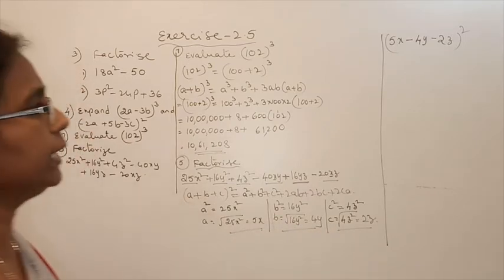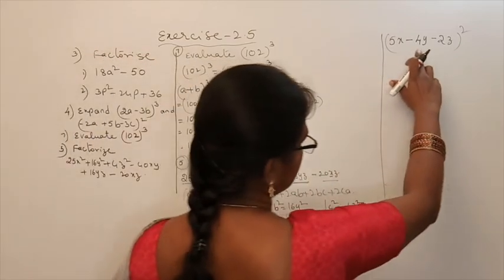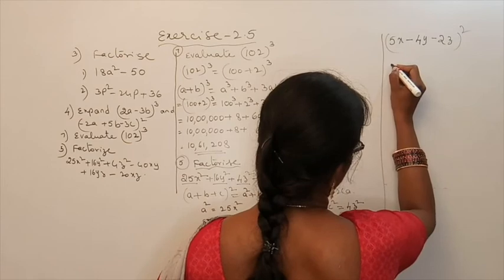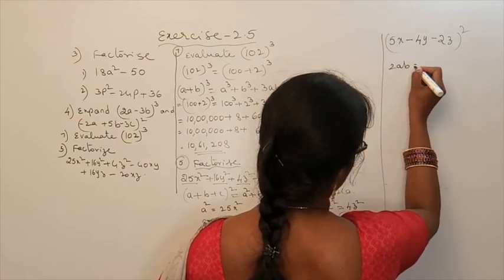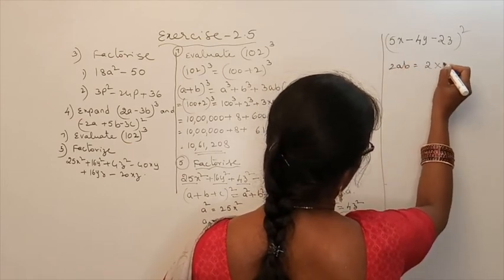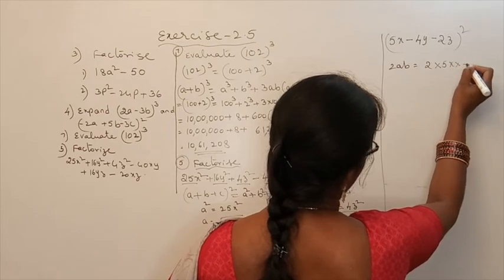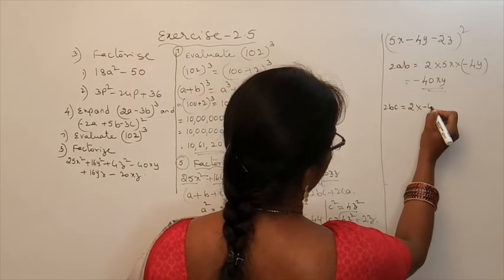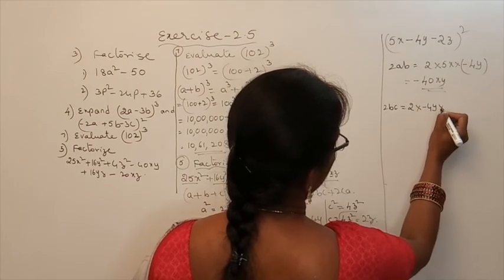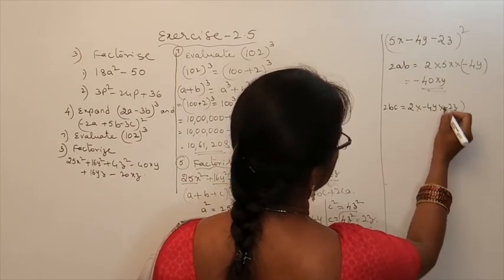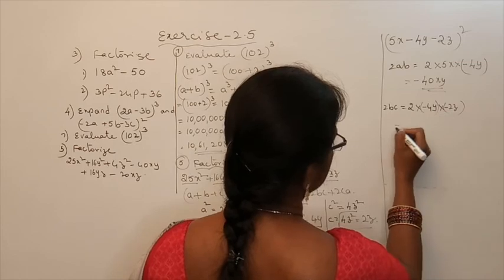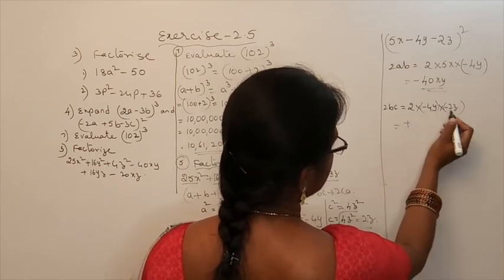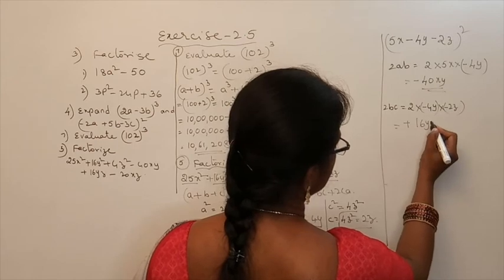Suppose 2ab, 2ab means what? 2ab is equal to 2 into 5x into minus 4y. Then 2bc is equal to 2 into minus 4y into minus 2z, is equal to minus into minus plus, 4 twos are 8, 8 twos are 16yz.